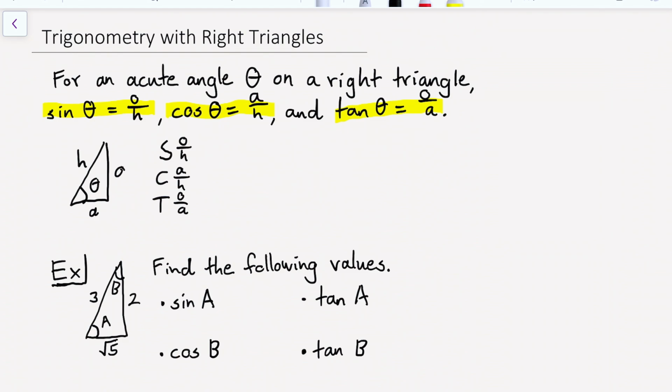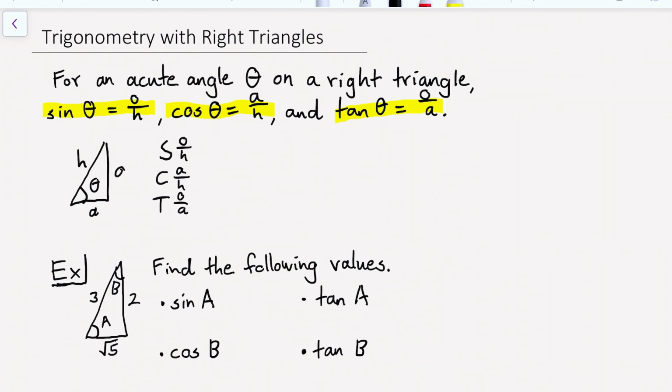Here's a diagram that shows for an angle theta, the opposite, adjacent, and hypotenuse. Remember that these terms opposite and adjacent leg are relative to where the angle is located. So the opposite leg is the leg directly opposite from the angle, and so on.